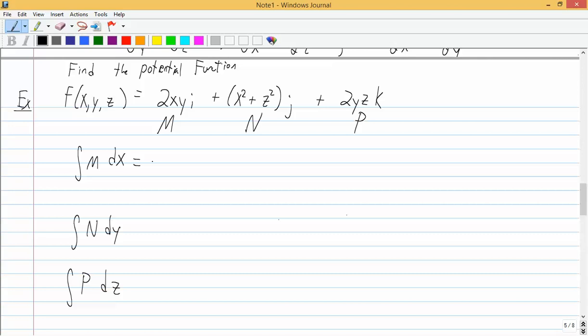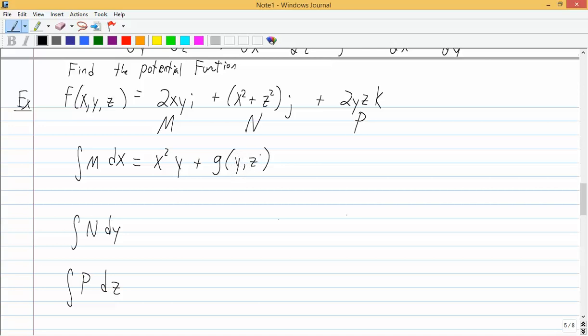All right, so the integral of this with respect to x is going to be x squared y plus, now the constant that we used before, we used g of y, but that's when we only had x and y. So the constant that we have here is going to be g of y and z, some function in two variables.